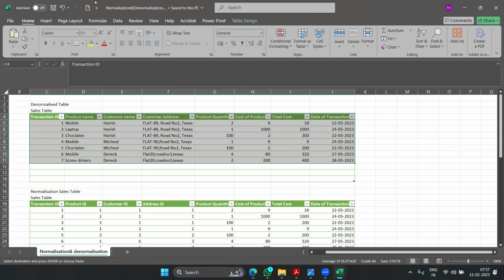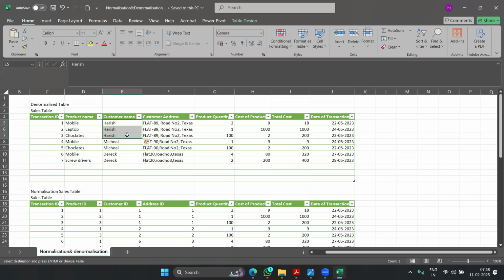And when you are keeping all those things in one place in a single table, consider me as a customer, Harish, a regular visitor to that particular store, purchasing frequently, say it's a grocery store. In a week, I go 4 times. No, not 4 times, but 2 times. That means in a month, it is going to be 8 times.